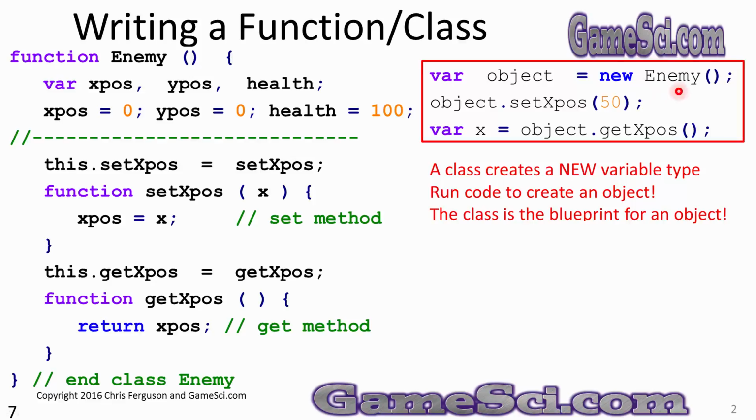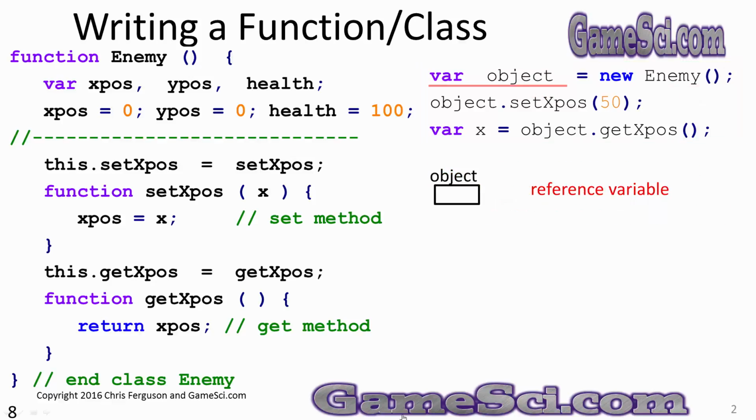I want you to think of enemy as a new variable type, an object being a variable of type enemy. The var object, remember the var is the declaration part. The var object declares an object reference variable. We're going to call this an object reference variable. Object reference variables point to or refer to actual objects.